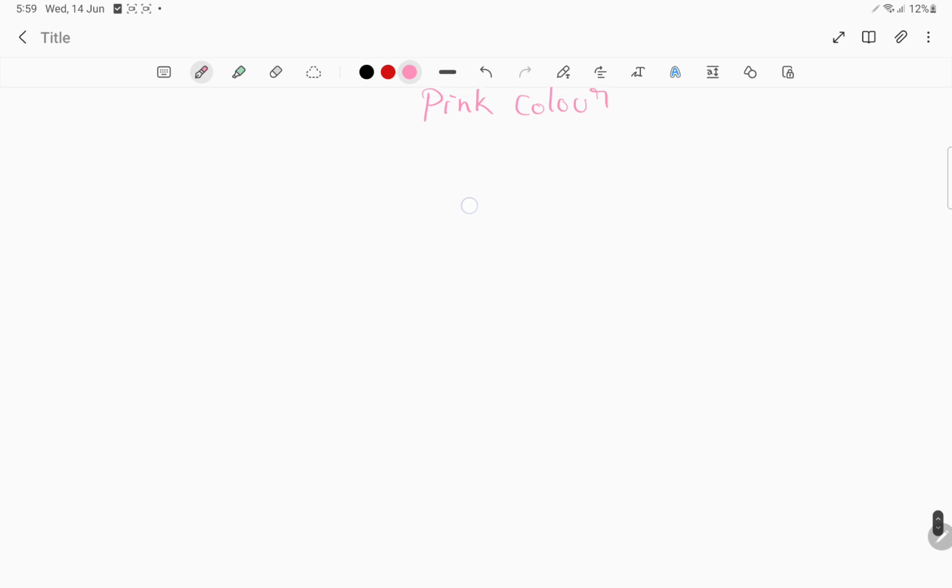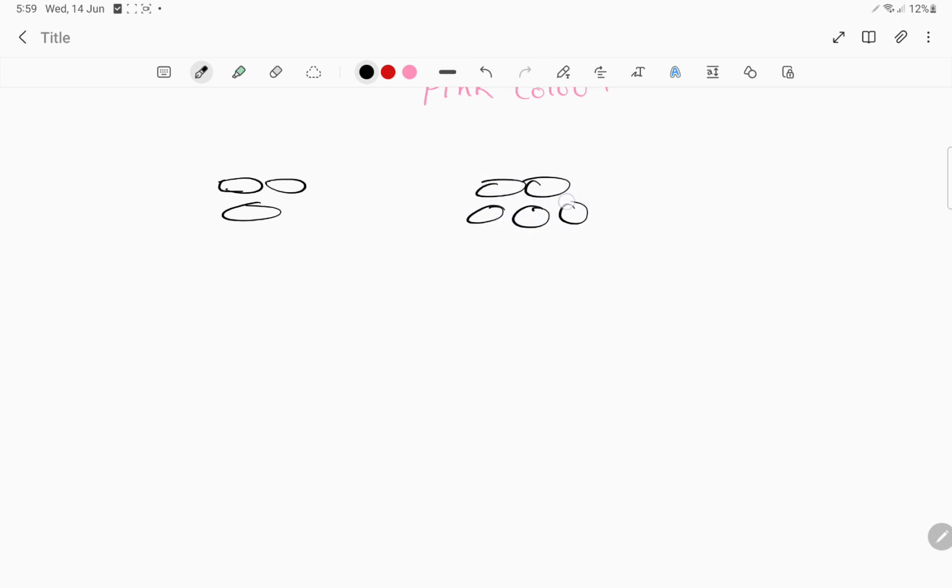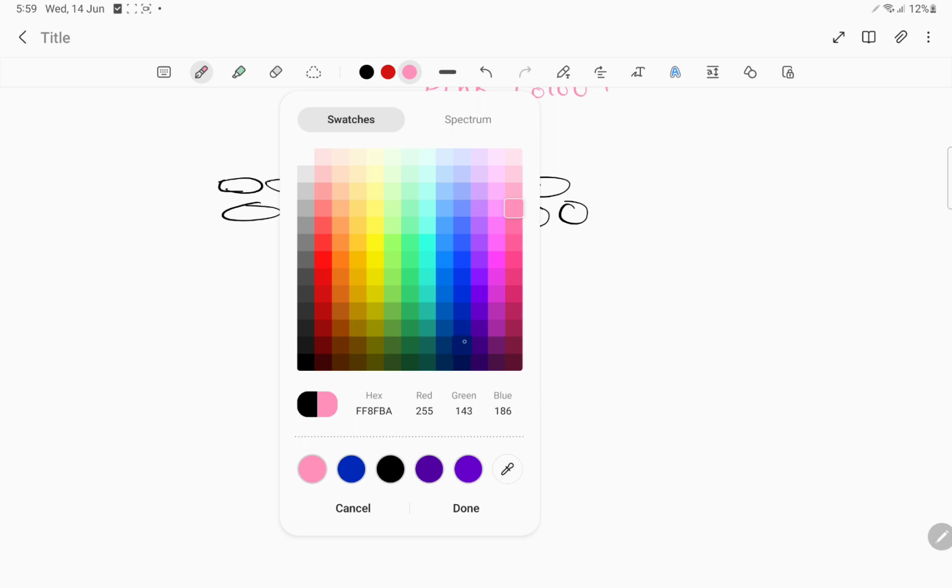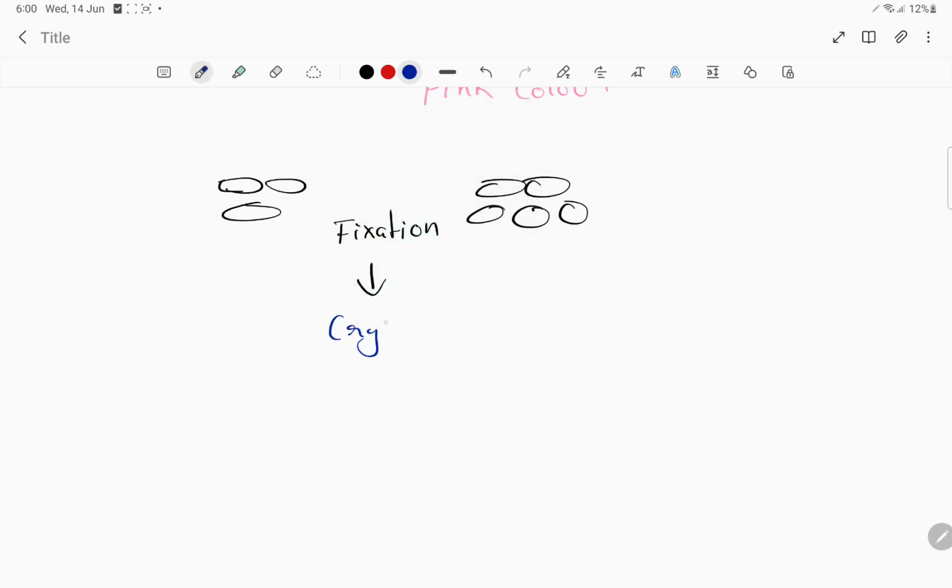If you see, first initially take a gram positive bacteria and take a gram negative bacteria. First, the fixation. After fixation we have to add crystal violet. Then both will attain the crystal violet color.